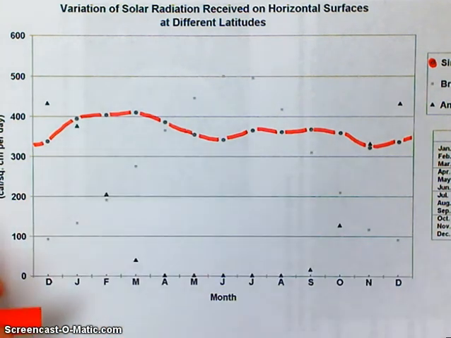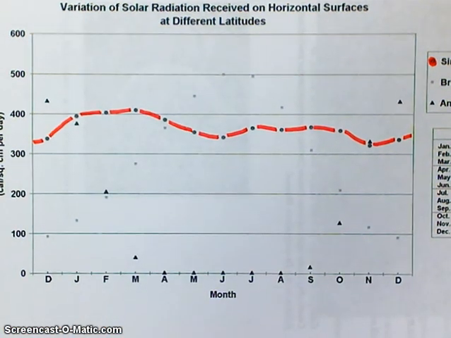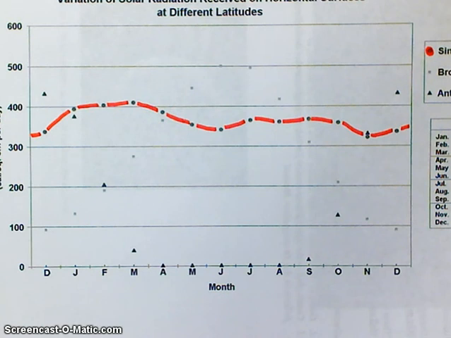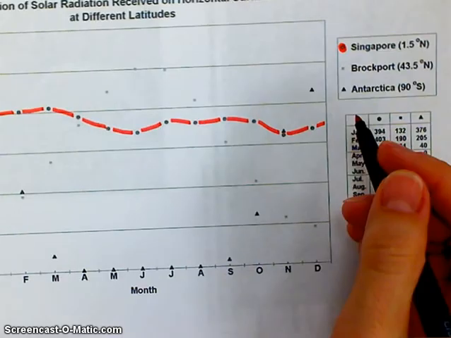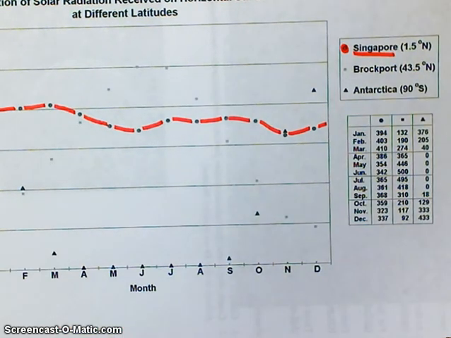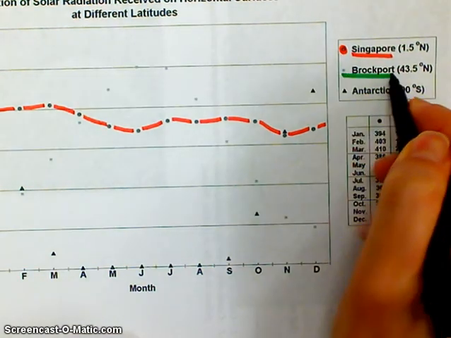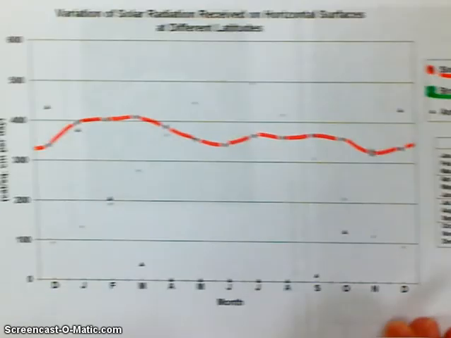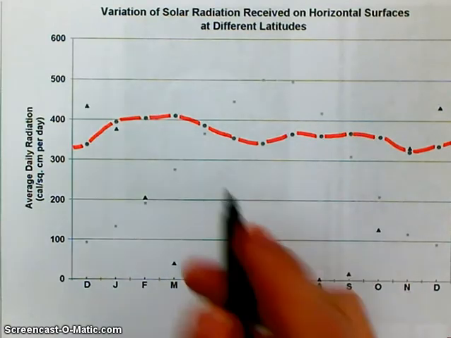And remember, December repeats, so we've got December plotted twice so that we can kind of have a continuous graph. Okay, so there is Singapore in red. I'm going to do Brockport in green. Okay, Brockport's the little squares.